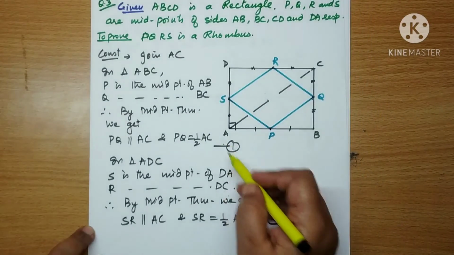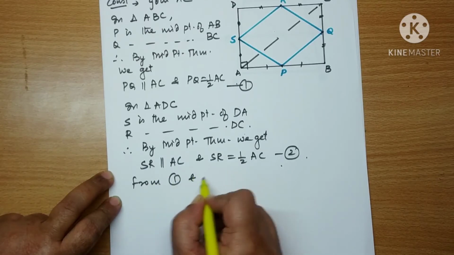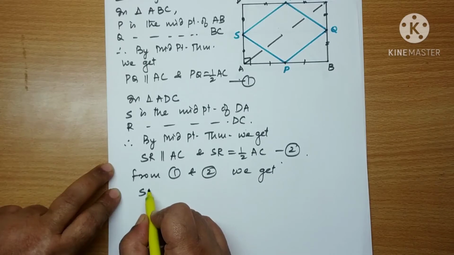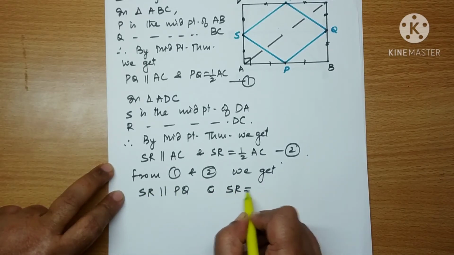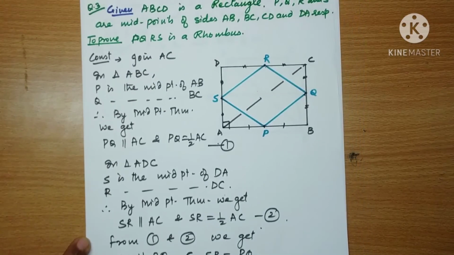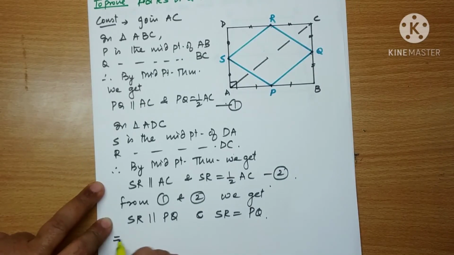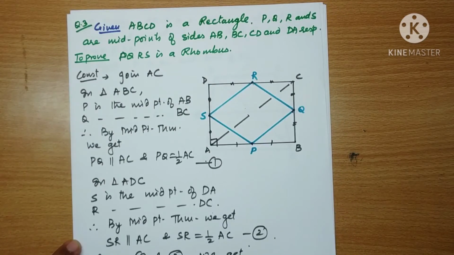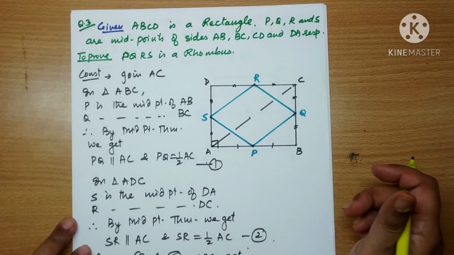Now from 1 and 2, we get SR parallel to PQ and SR equal to PQ. This implies PQRS is a parallelogram. So in order to prove PQRS is a rhombus, I first needed to prove it a parallelogram, which we have already done.